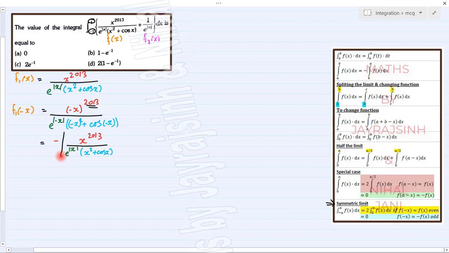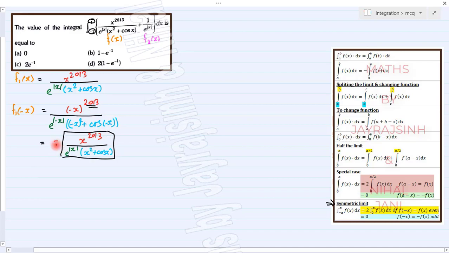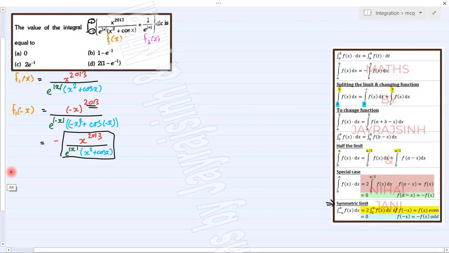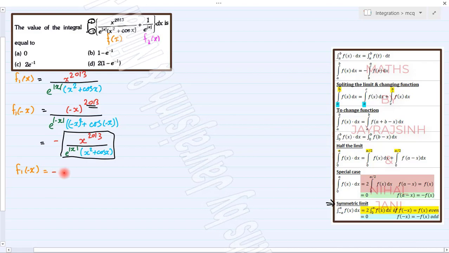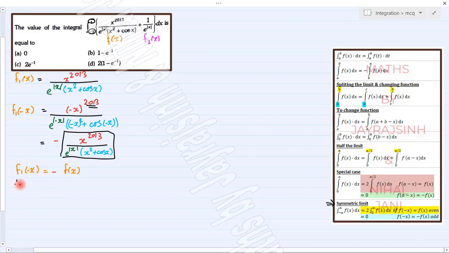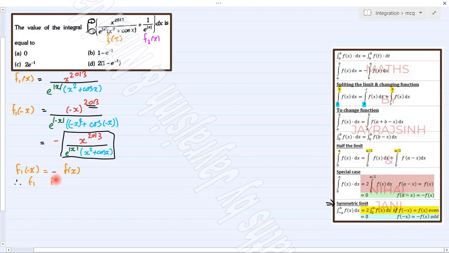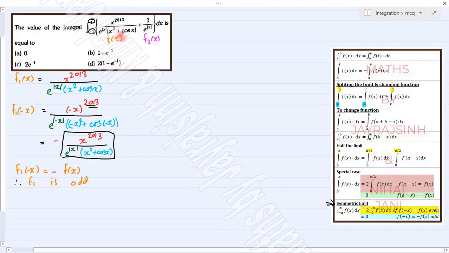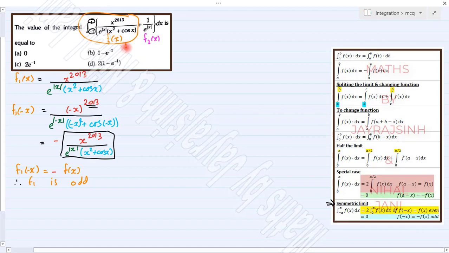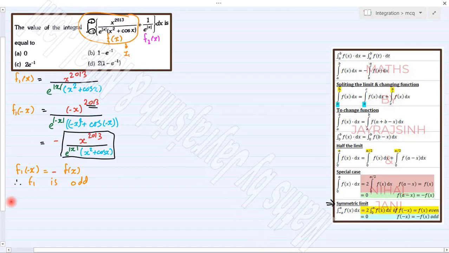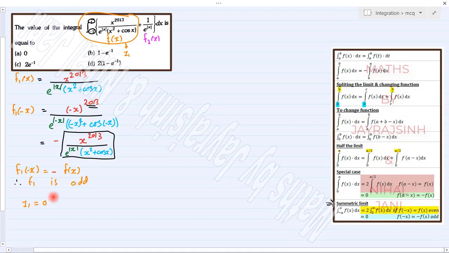So as you can see, we get our function with a negative sign. So your f1(-x) is nothing but -f1(x). Therefore, your f1 is an odd function. Therefore, we can say its integration from -1 to 1, let's say it is I1, will be 0.